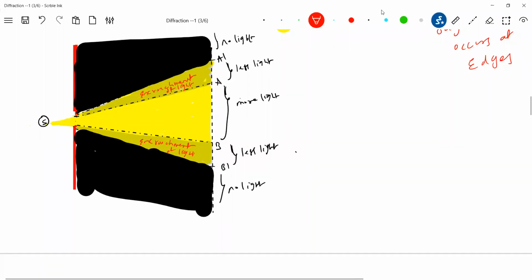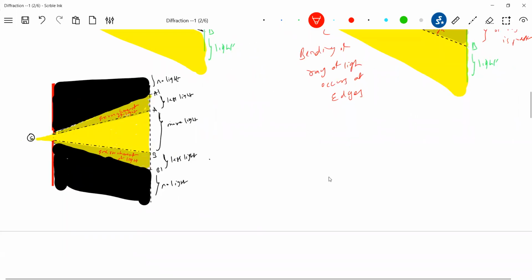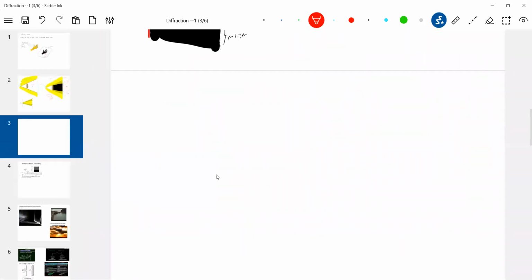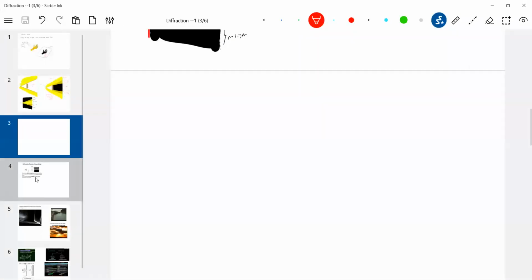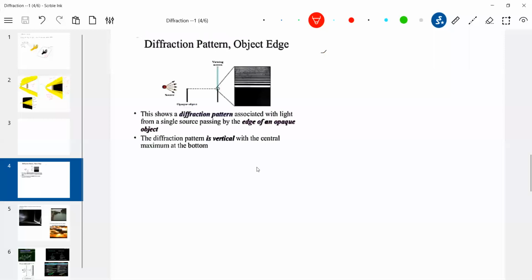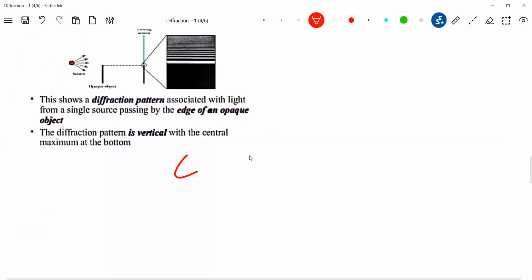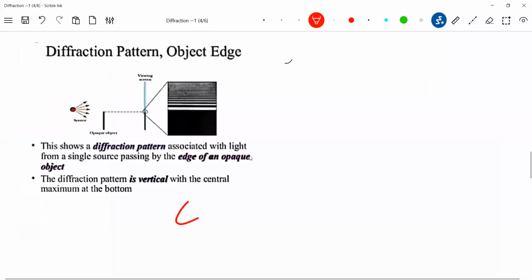Okay, let's take some diagram. I brought it. So where do we see this practically, sir? This also you can try in your home. Go to a dark room, switch off all the lights, close windows, put curtains, everything.